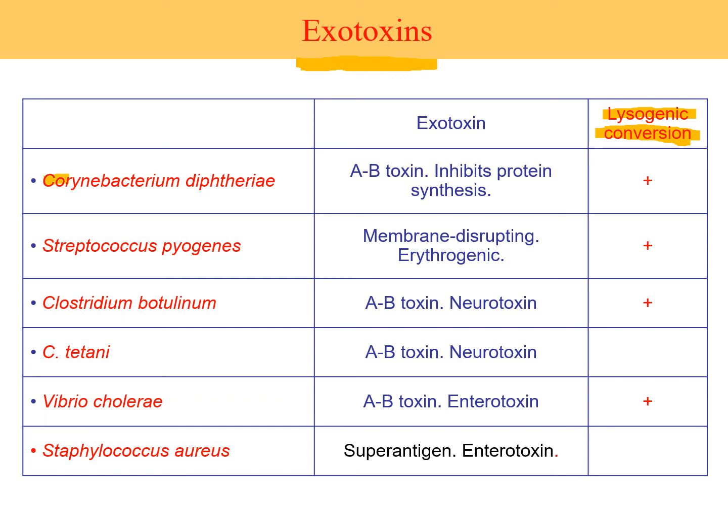That's true for Corynebacterium diphtheriae, which forms diphtheria toxin, and for Streptococcus pyogenes, a group A streptococcus that causes a number of different types of infections. Clostridium botulinum and Vibrio cholerae are also due to lysogenic conversions, giving the organism the ability to express these exotoxins.